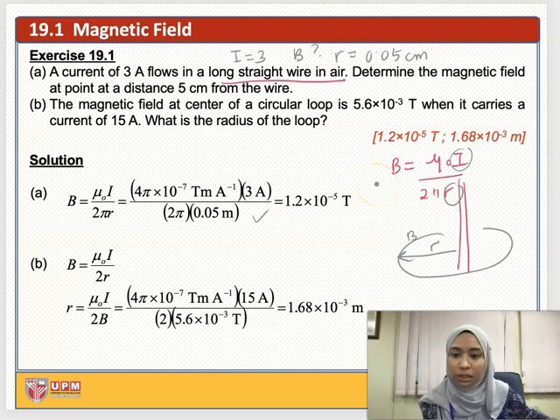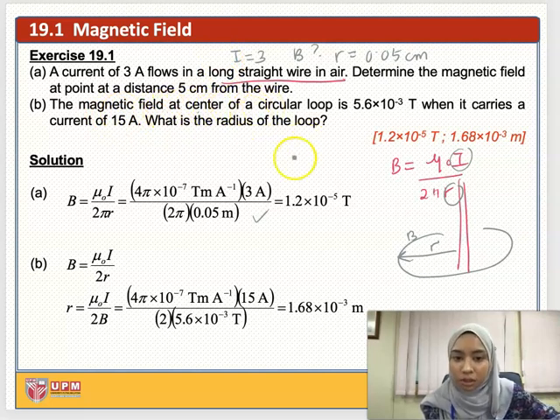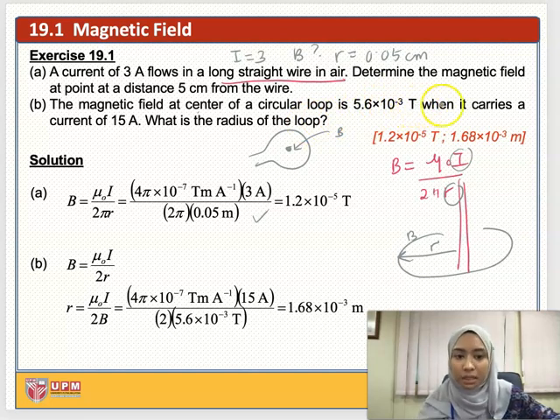Okay, so the next one is the magnetic field at the center of a circular loop. So this is a different structure now. So I have a circular loop. This is where the B is. It is 5.6 times 10 to the minus 3 Tesla when it carries a current of 15 ampere.